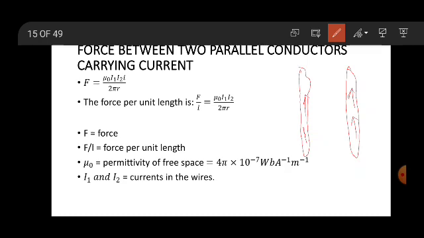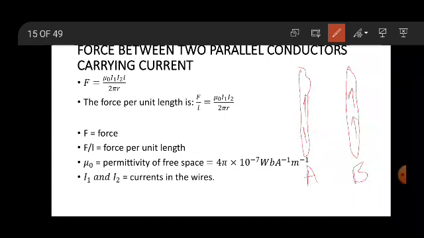Now let me quickly say here that the magnetic field generated by this rod A and the magnetic field generated by B interact with each other, so both of them will experience a force, but the force will either be an attractive force or a repulsive force.